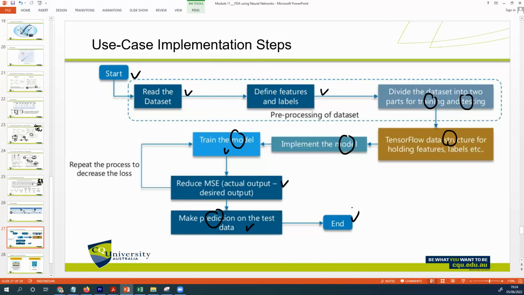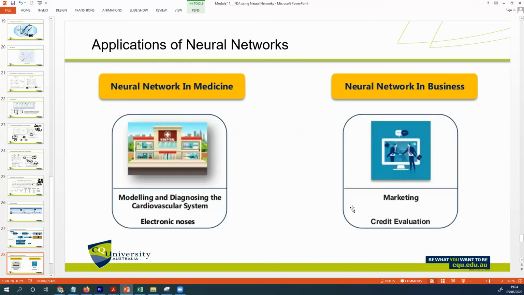The applications of neural networks are plenty. In medicine, for doses of a vaccine, is it low dose? What is the result? Medium dose? What is the result? High dose?